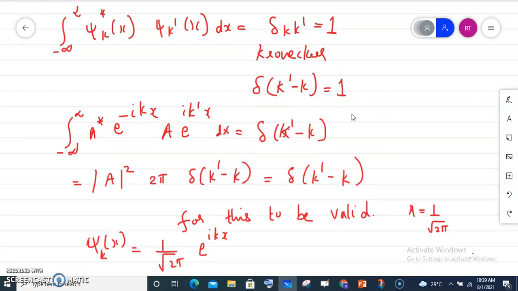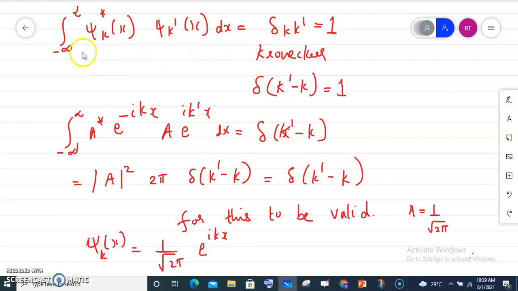In order to use this, we are going to rewrite our wave function as psi k of x, which is a constant a into e raised to i kx.